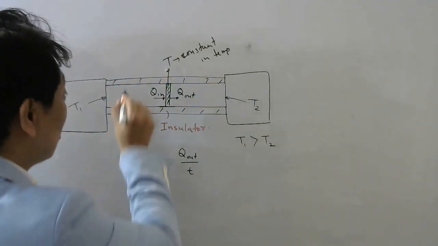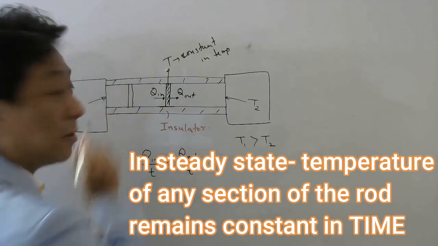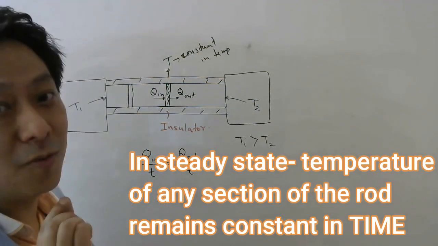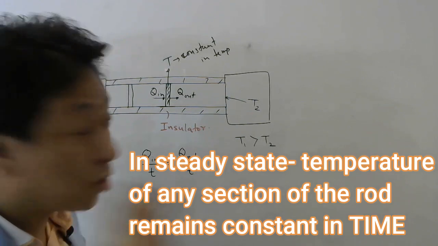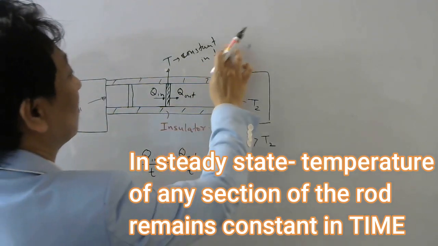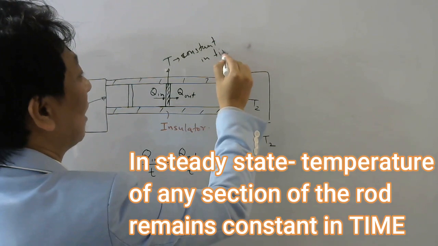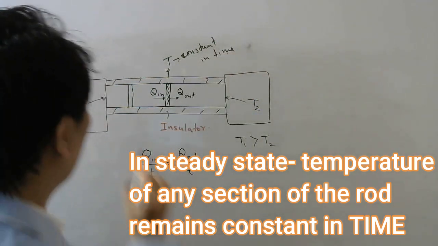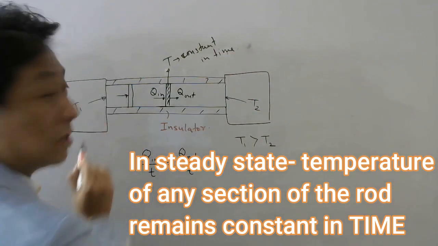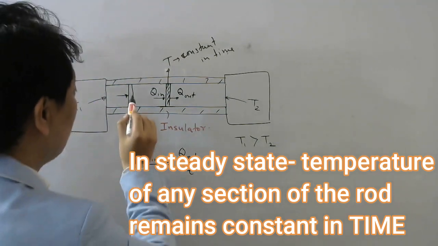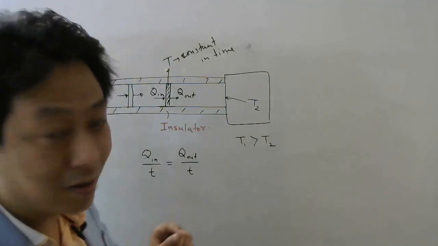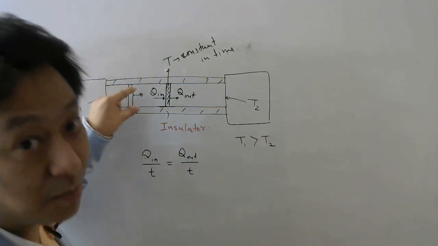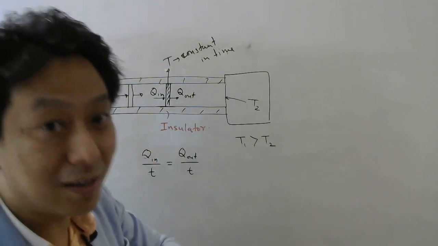But temperature of any one section if you take, that part's temperature will remain constant in time. So therefore, whatever heat comes in through any section, same heat should go out per unit time. Then only the temperature of each part will not change with time.